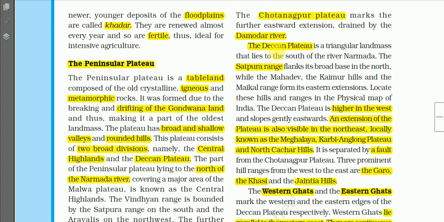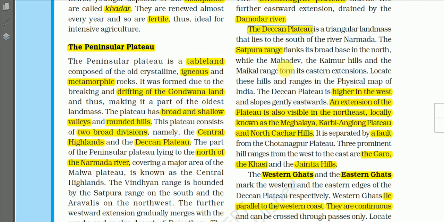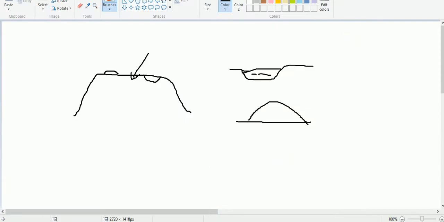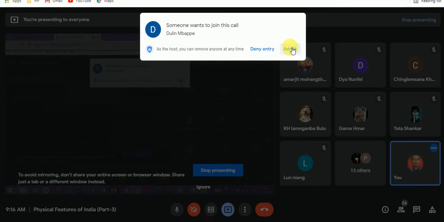And the Deccan Plateau is a triangular landmass that lies to the south of Narmada River, as we have discussed. And the Satpura Range flanks its broad base in the north, while Mahadev, Kaimur Hills, and Maikal Range form its eastern extensions. I have already told you that the Deccan Plateau lies south of Narmada River.